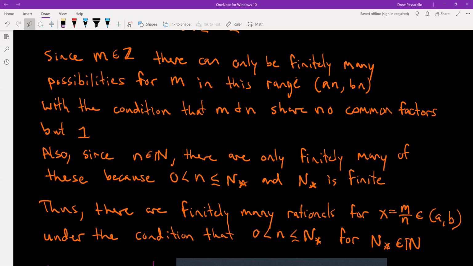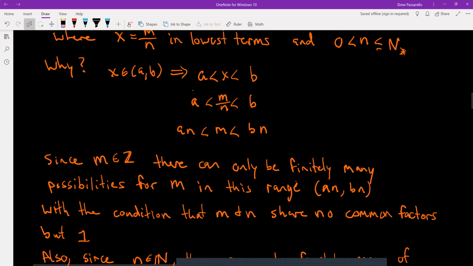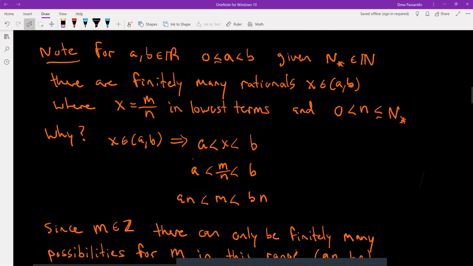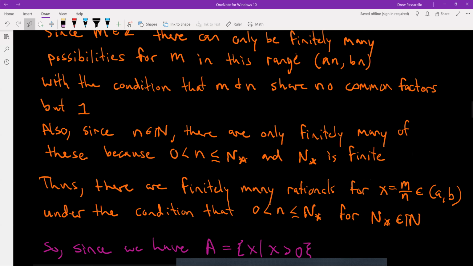In other words, we've just shown that for any open interval (a, b), where 0 <= a < b, there are only finitely many rational numbers whose denominator is less than or equal to this capital N*.